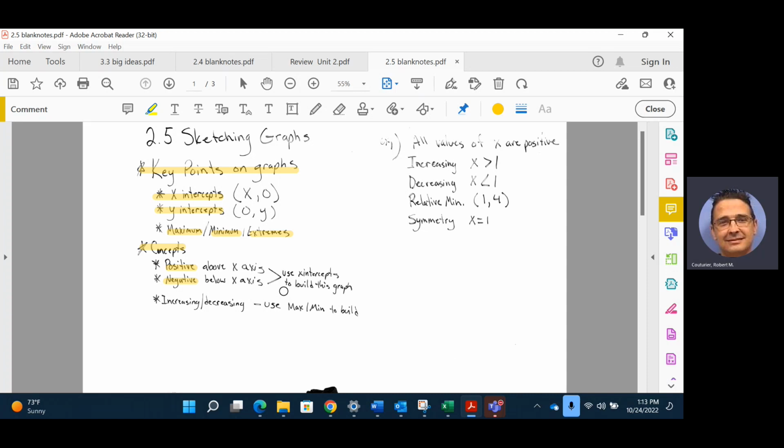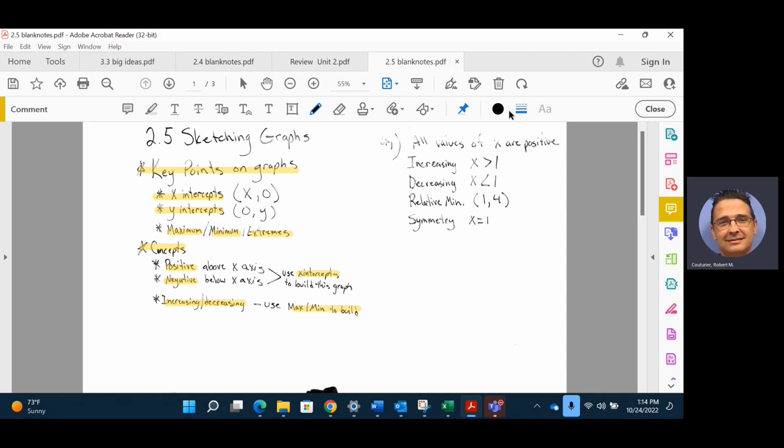We have to use our x-intercepts to find these. So those are the key points that relate to positive and negative portions of the graph. When we're dealing with increasing and decreasing, we're using those minimums and maximums, or where that change occurs. Okay, so we have to think about those things as we get into doing these particular problems.